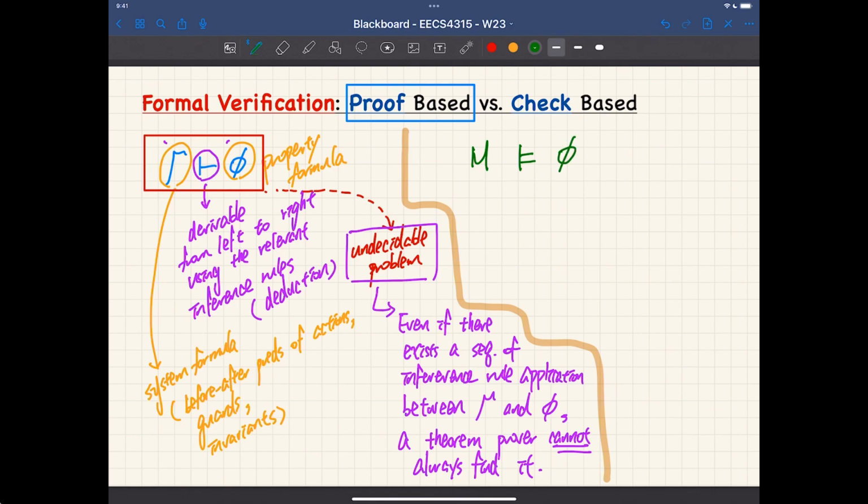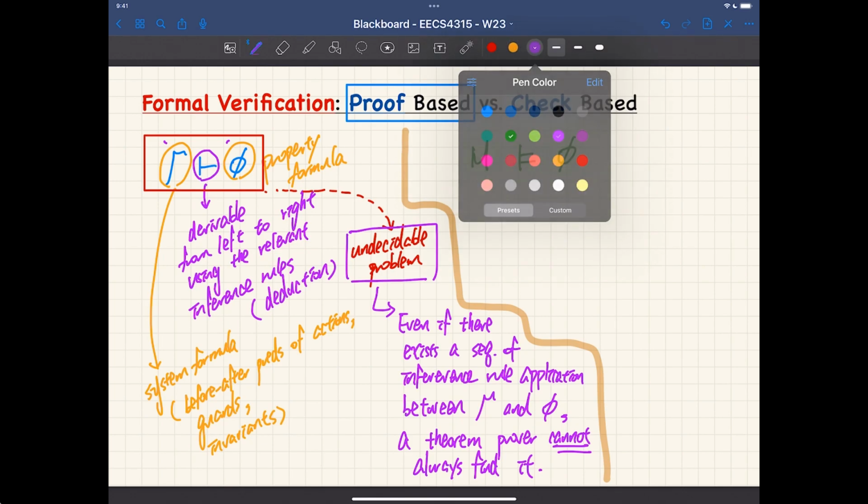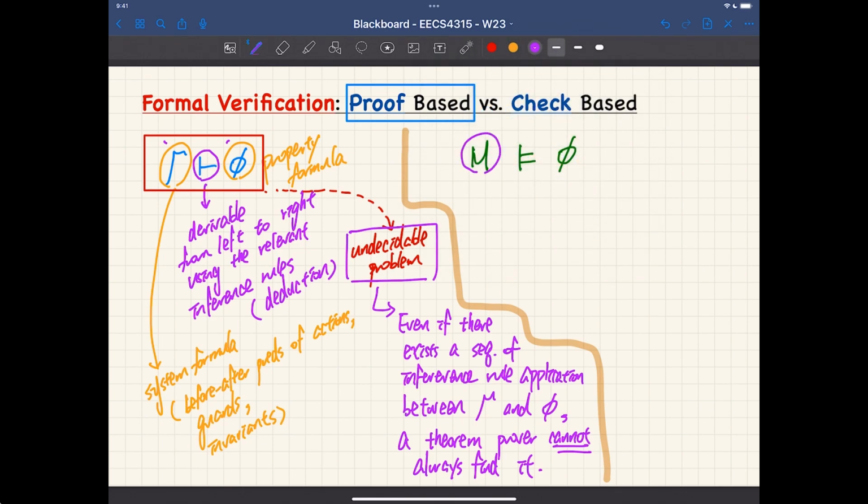This part over here is a system model also, but it's not necessarily just predicates. We're not doing any proving.